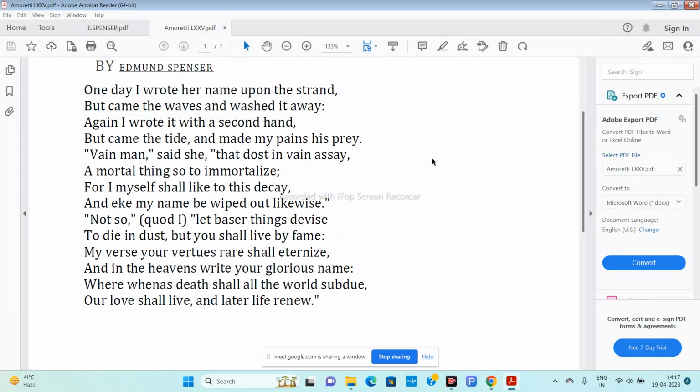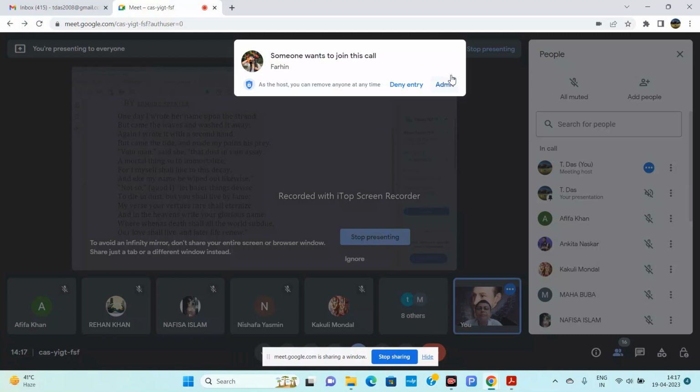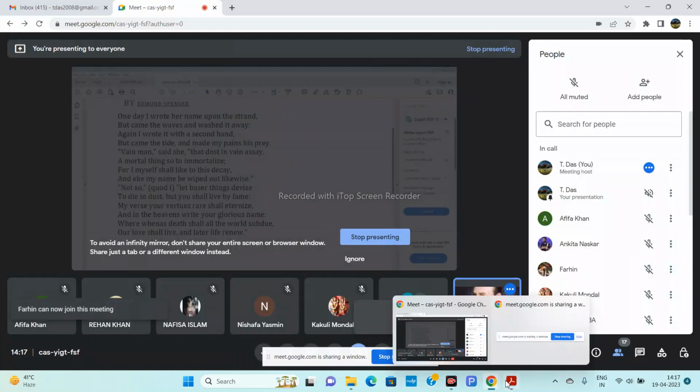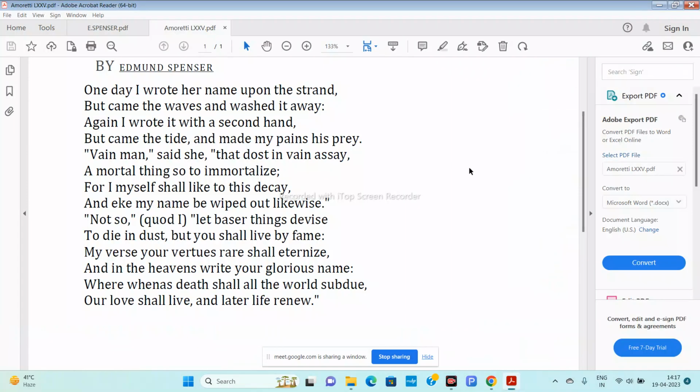Again I wrote it with a second hand, but came the tide and made my pains his prey. So the poet says that after having written the name of my beloved on the sands, I found that it was washed away by the waves of the sea.